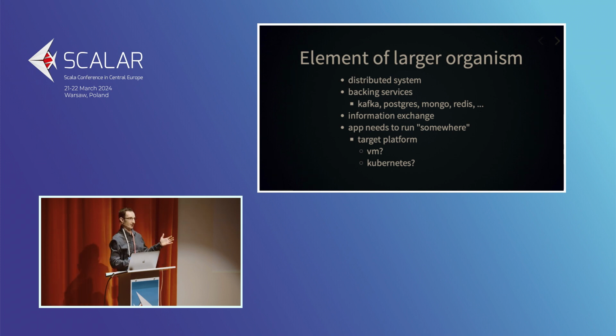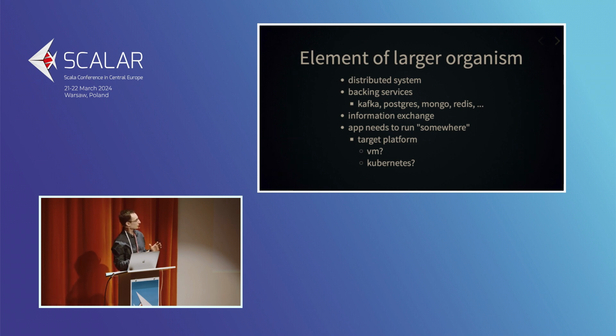Each app has its own backing services. By backing services, I mean all that Mongo or queues, Postgres or databases and so on that your app needs to talk to. Also apps exchange information between them via some protocol like HTTP, gRPC, or whatever. They send messages to each other.